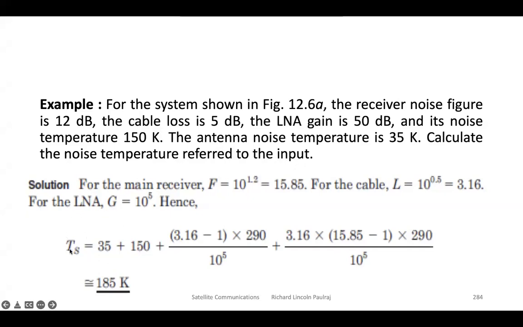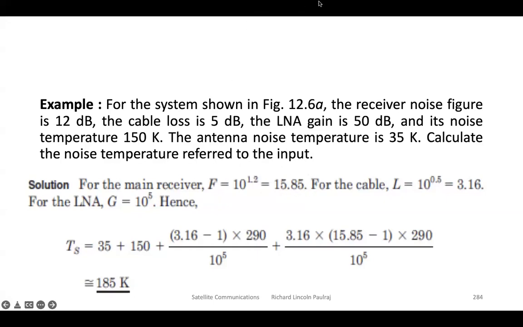So we can use the formula for TS, which is nothing but your system temperature, or the total overall system noise. We have to make slight changes here. We have the noise factor and the noise figure, the 10 log thing that I mentioned. So F is going to be converted from the noise figure, which gives about 15.85.